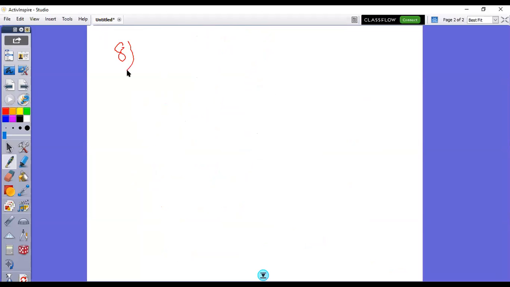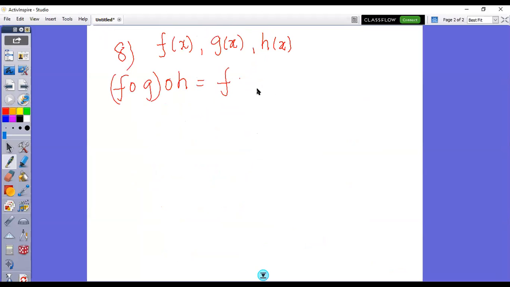Consider the functions f of x, g of x and h of x. Three functions. Show that, to prove, f composite of g composite of h equal to f composite of g composite of h. Already known, this is the associative law.